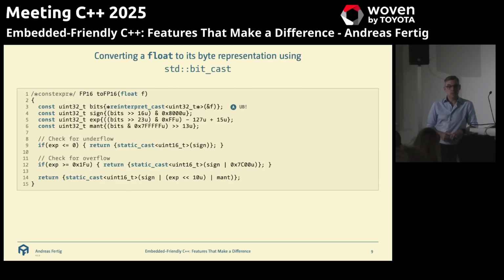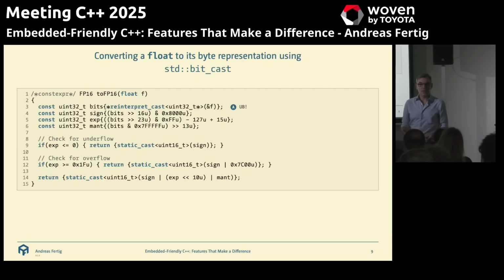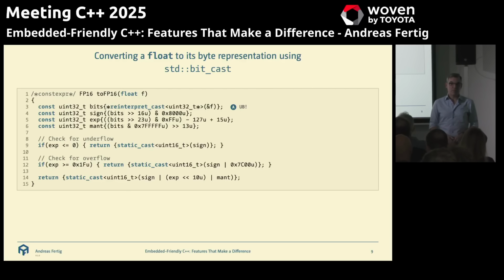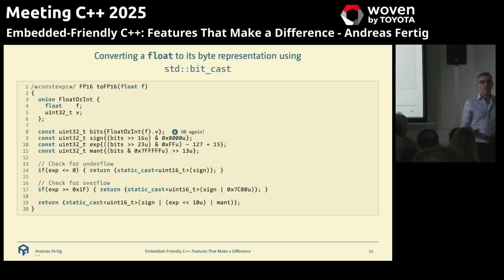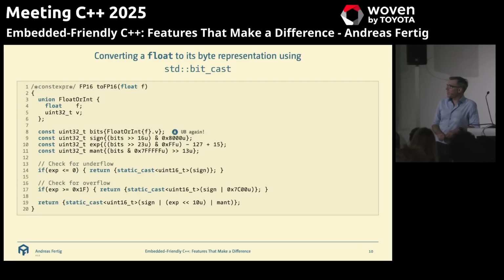Despite that it might work, maybe your compiler even documented that it's legal. So you can do it, but from a standards perspective, it's undefined behavior. But there is a rescue. Smart people figure out different ways. So the other way is to use a union and do type punning. We have a union with two data members, your float and a uint32_t.